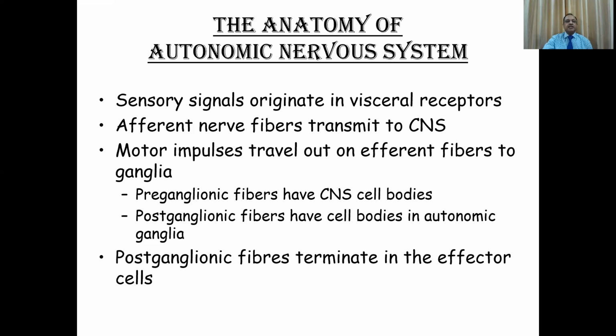These signals are processed in the central nervous system, and then the motor impulses travel out via efferent fibers, which is the well laid out autonomic pathways, to ganglia. Till the ganglia, the preganglionic fibers, the cell bodies are lying inside the central nervous system. From here, the postganglionic fibers arise with their cell bodies in the ganglia itself. And then these fibers terminate in the effector cell.